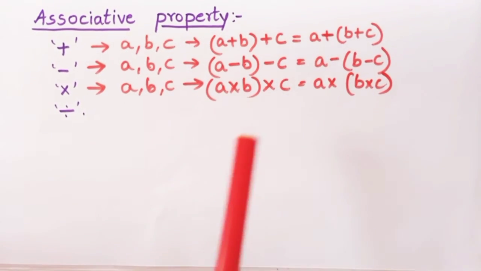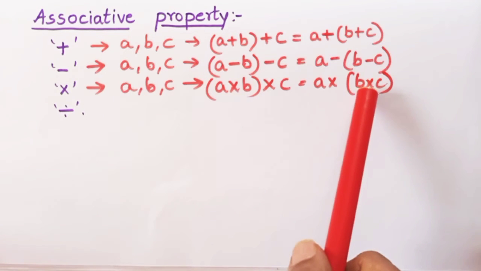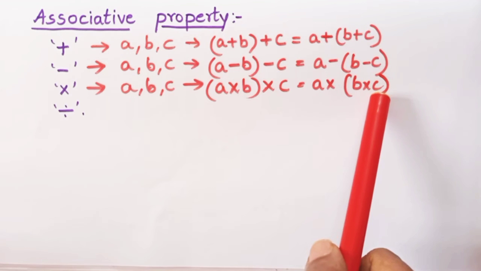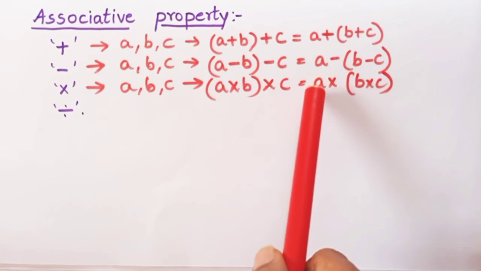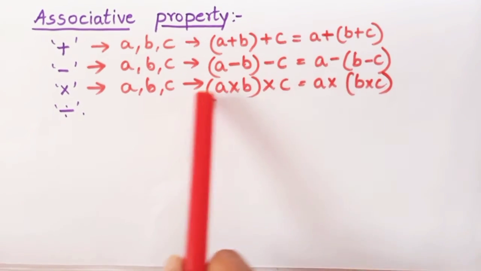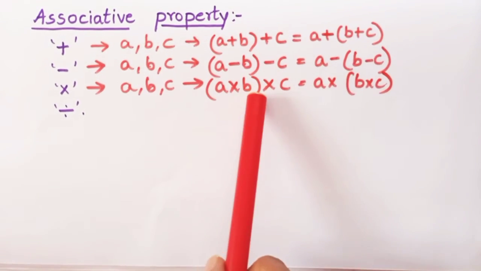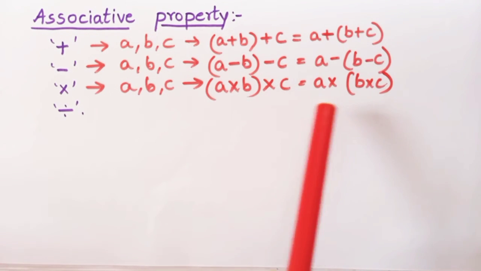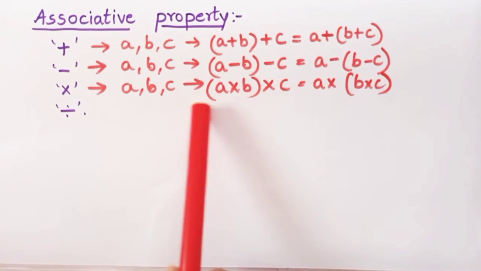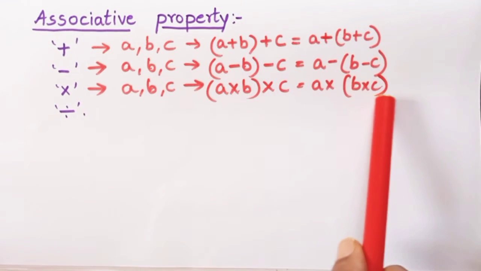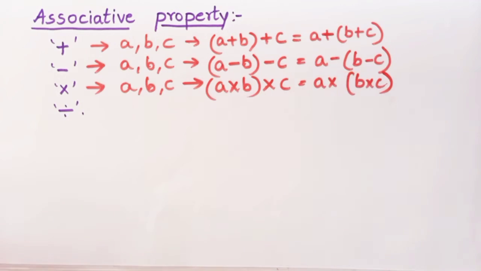In the second case, firstly we are multiplying B and C. We get a product. That will be multiplied with A. Then also we get a result. If these two results are equal, then we say that multiplication is associative.